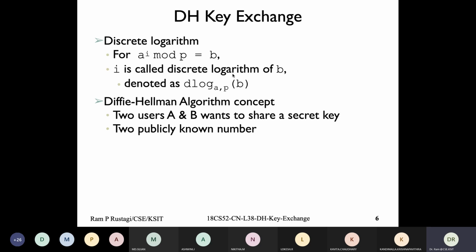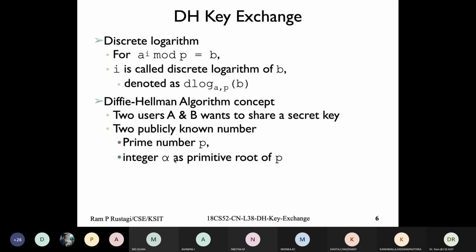They choose publicly known numbers. One is a prime number P, which is very large, and the other is a primitive root of P, called alpha. Both users A and B can agree, let's use this prime and this primitive root, like 7 and 2, or whatever. This P and alpha are known to everybody in the world, not just Bob and Alice.